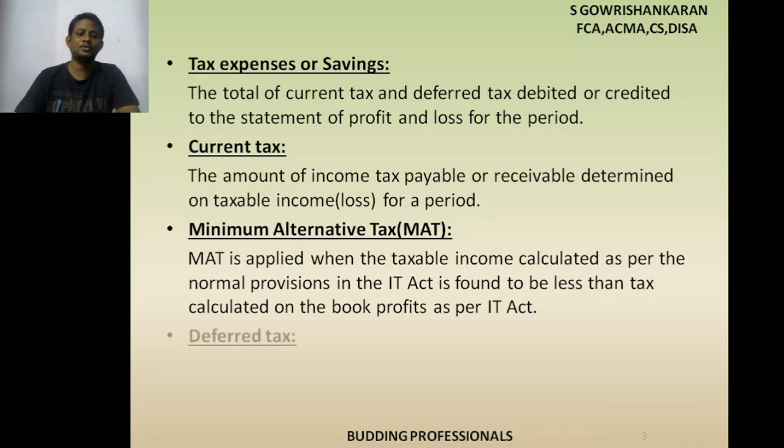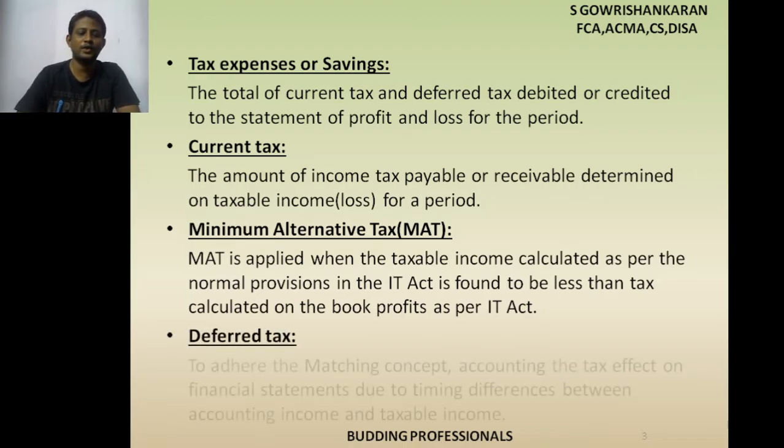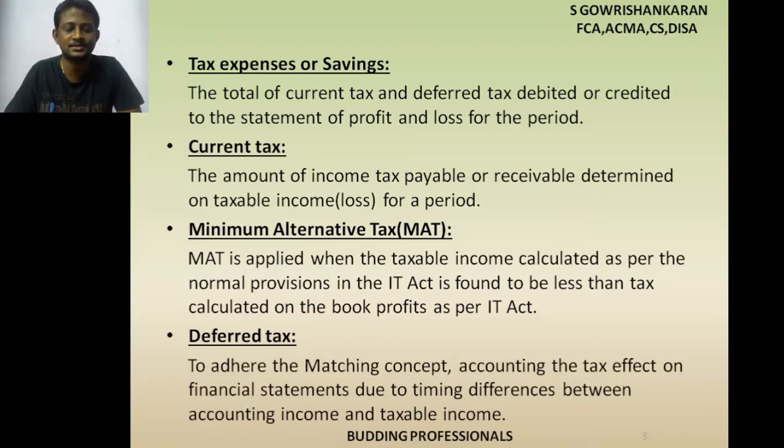Then come to the topic that is relevant to AS 22, that is deferred tax. This AS 22 is basically for deferred tax, to adhere to the matching concept: accounting the tax effect on the financial statements due to timing differences between accounting income and taxable income. You got it or not?